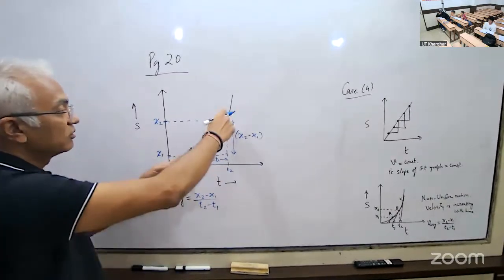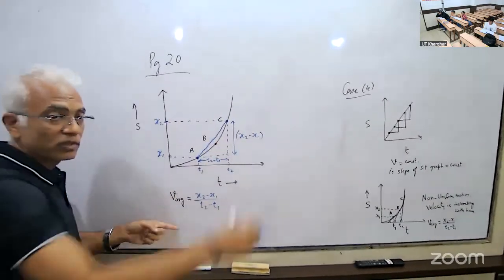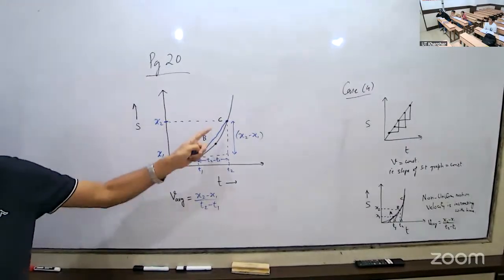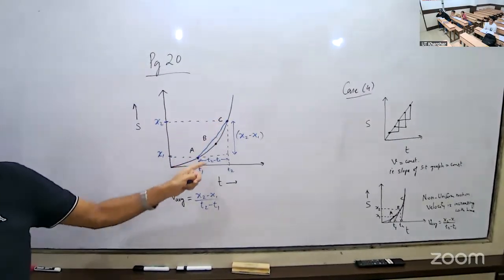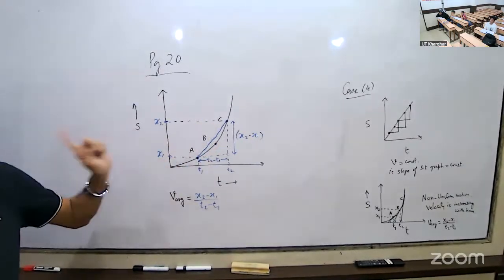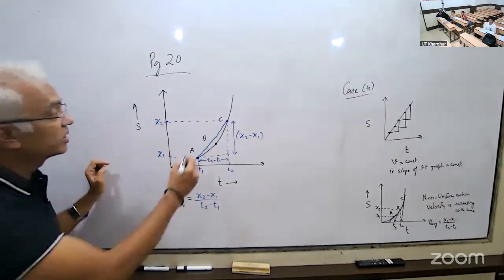So on the curve, you take the slope between 2 points, any 2 points. That gives you average velocity. Why average? Because during the journey from A to C, the velocity is not the same. Velocity is changing, right? So the average velocity is calculated like this. This is a straight line.